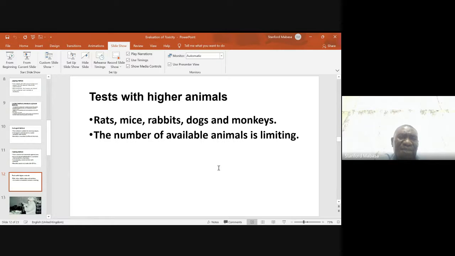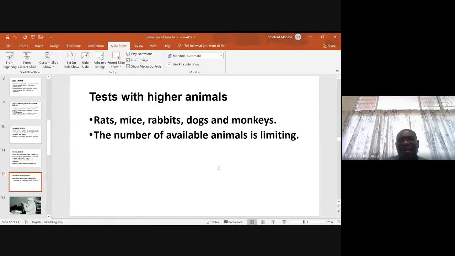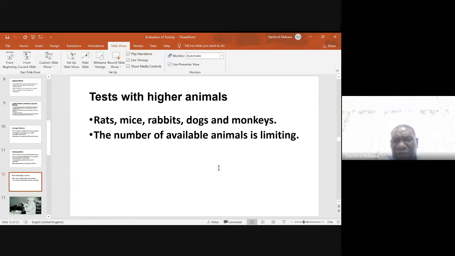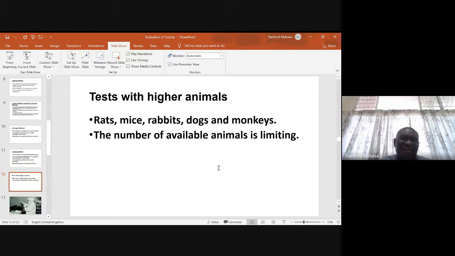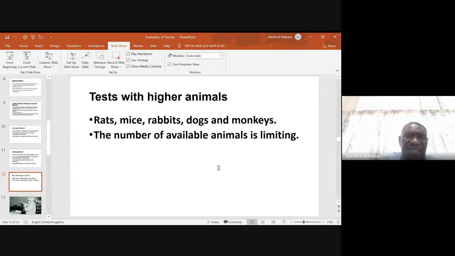In these tests, you need rats, mice, rabbits, dogs, and monkeys. However, the number of available animals may limit your studies. But at least the information you get from these animals gives you an estimate of how dangerous the pesticide could be to human beings.